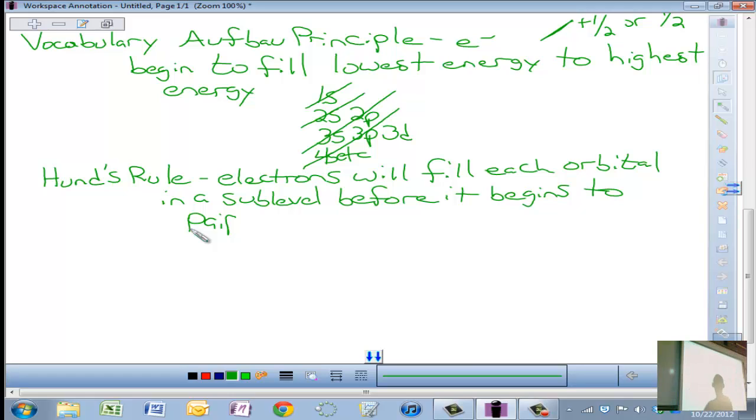Okay. So electrons will fill each orbital in a sublevel before it begins to pair up.